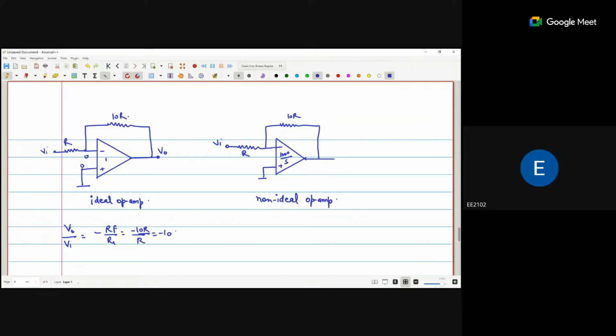But in the case of a non-ideal op amp, we can't say that both voltages will be the same. This voltage is zero, but this voltage is Vx. Okay, so what is the Vx?